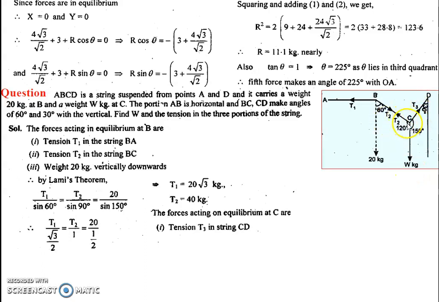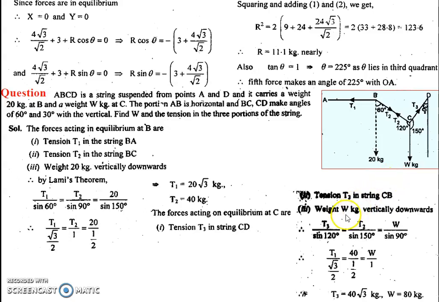So, tension T3 on CD, tension T2 on CB, and weight W kg vertically downward. Again, by Lami's theorem, T2 by sine of the angle between W and T3, that is 180 minus 30, that is 150; T3 by sine of the angle between T2 and W, that is 120 degrees; and W by sine of the angle between T2 and T3, this angle is 90 degrees.